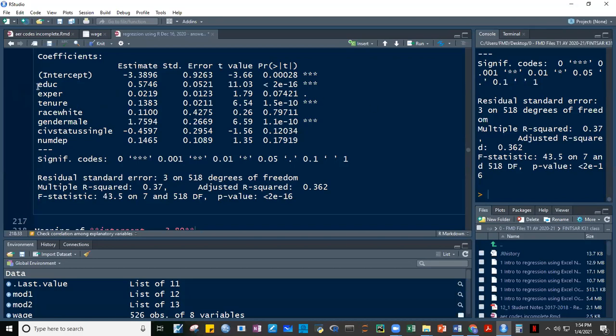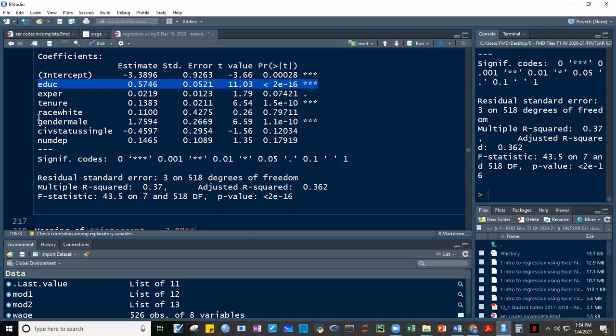So guys, this is all we interpret. Just this, 0.5746 increase in hourly wage for every 1-year increase in education.